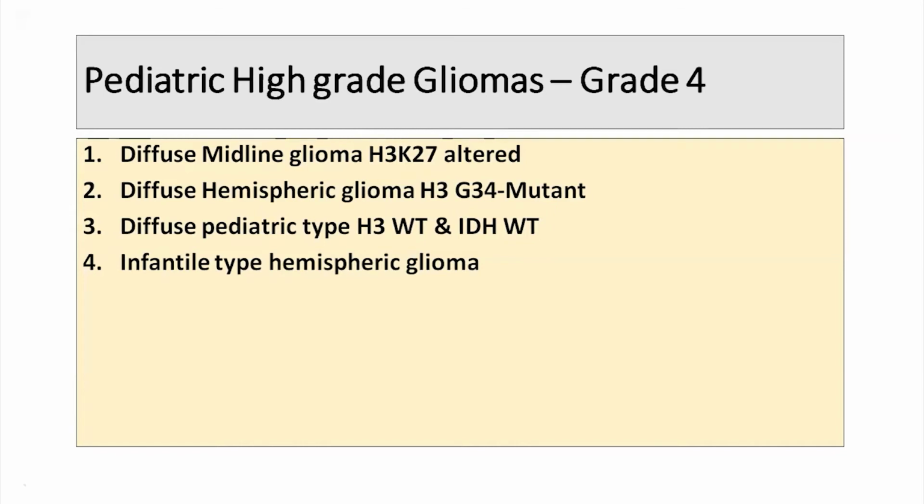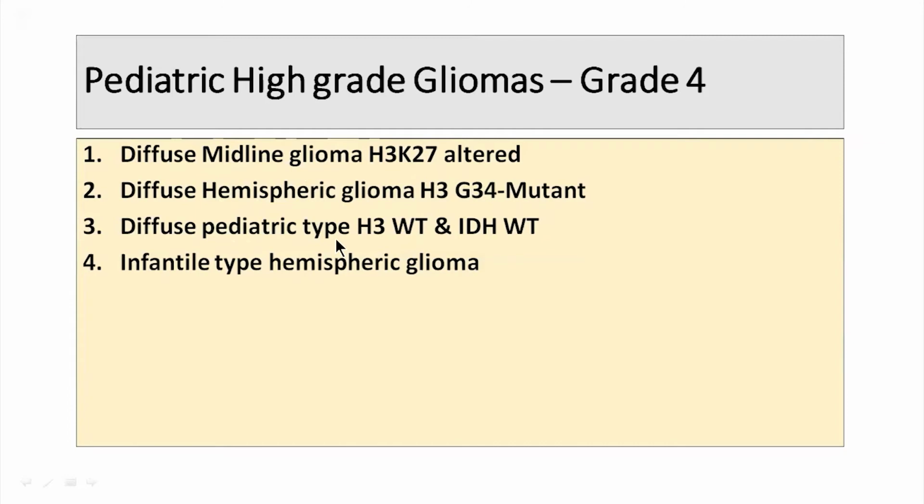So people have identified different ways of mutation. So instead of calling H3K27 mutant, it's called H3K27 altered. Then the non-midline location high-grade gliomas are called diffuse hemispheric gliomas, and there we see H3G34 mutation commonly.